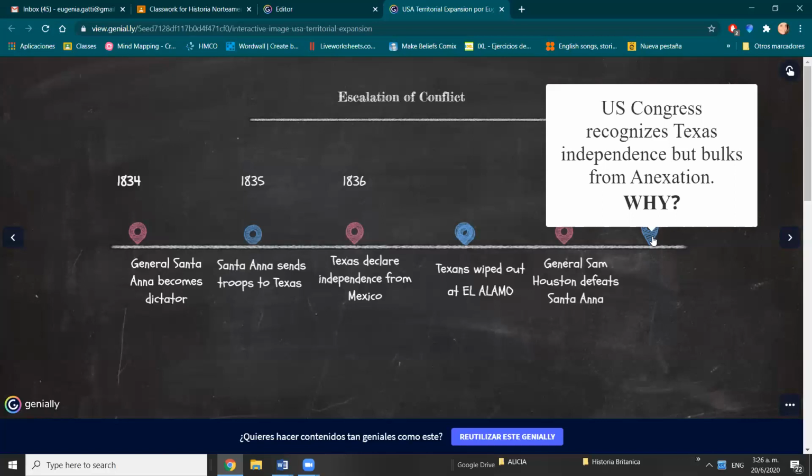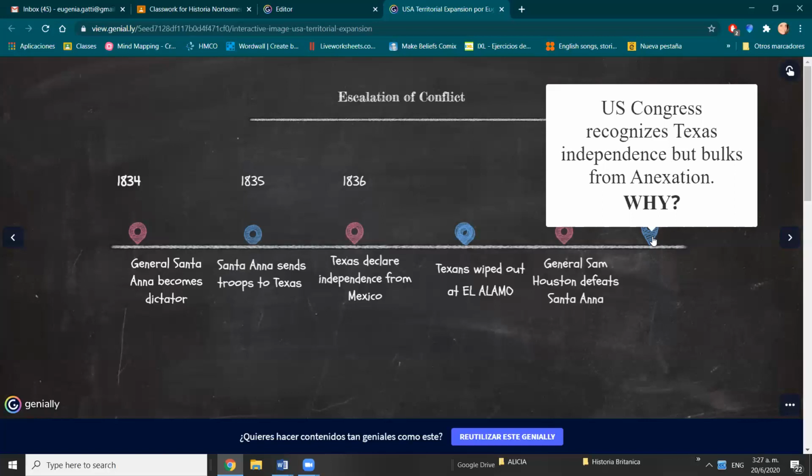Well, the problem was that if Texas was included into the Union, it would become a slave state, of course, a state where slavery was legal. And this will tip the balance between slave states and free states.